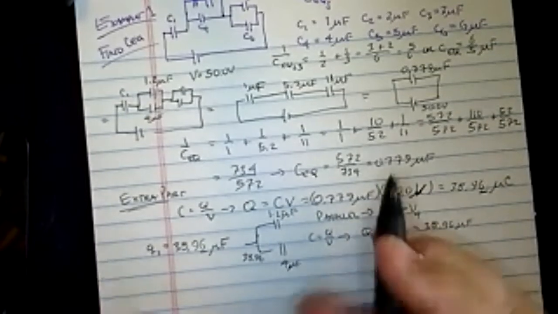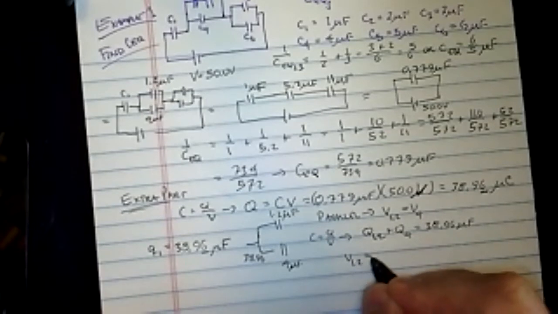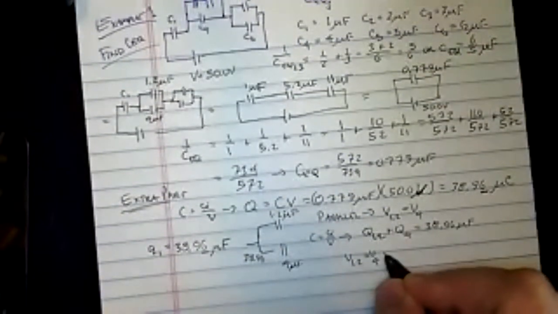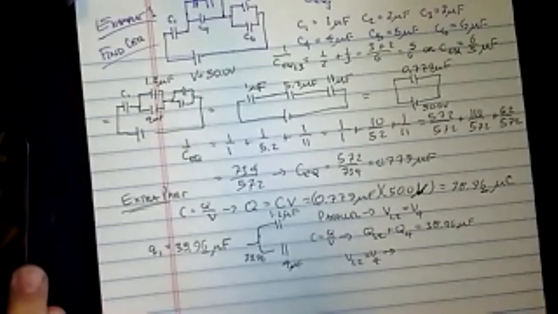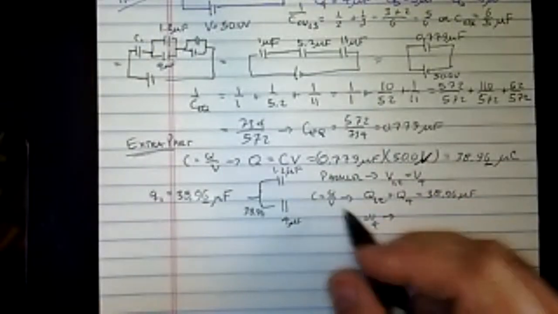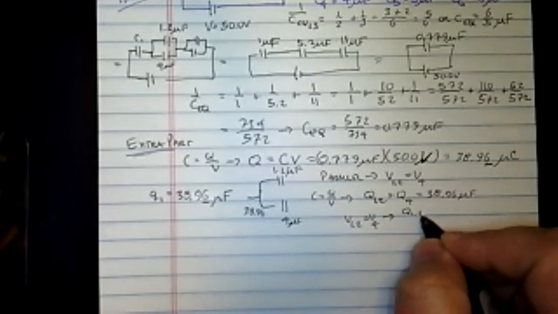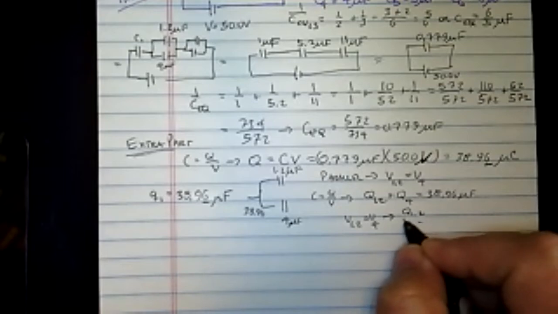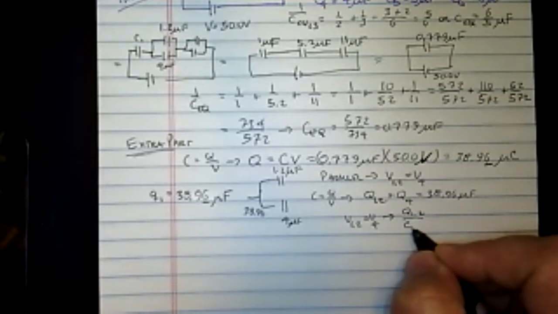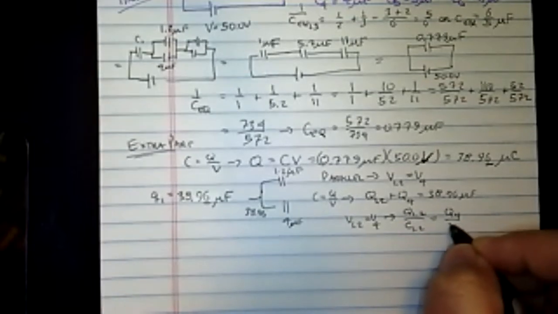So that's one equation. The other equation I have is that V1.2 is equal to V4. And of course, that means that if you solve this for V, you can see that's Q over C. So Q1.2 over C1.2 equals Q4 over C4.